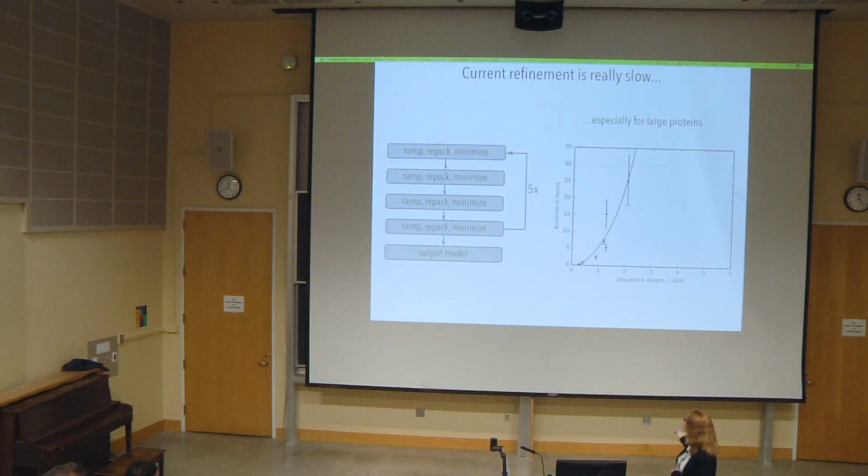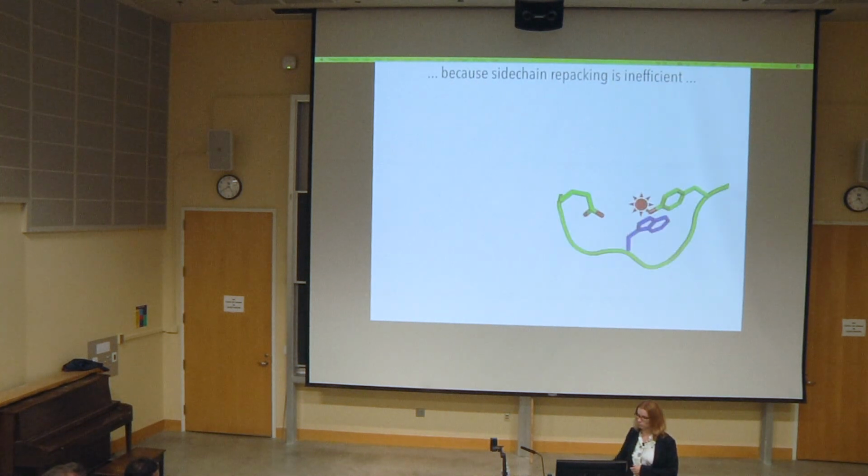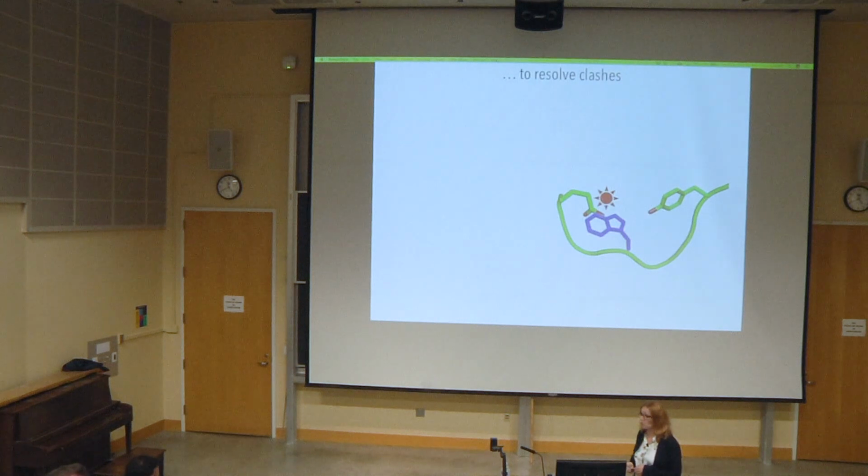That entire setup is very inefficient, because the sidechain repacking is done over the entire protein at once. Imagine that you have a sidechain that clashes with another sidechain. If you repack your sidechains at once, what happens a lot of times is that suddenly it clashes with a different sidechain and you actually haven't achieved anything.